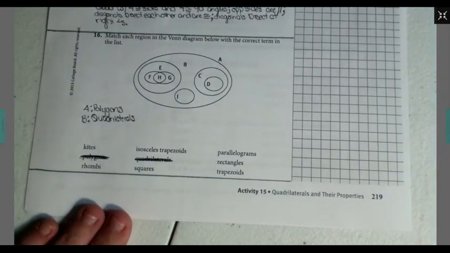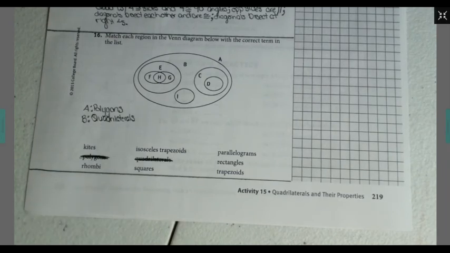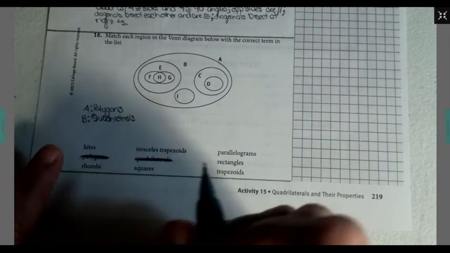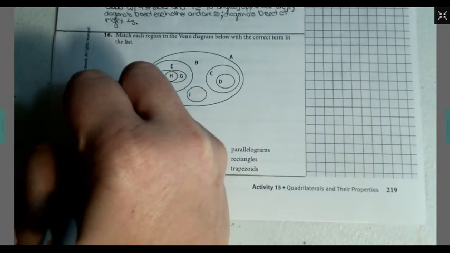Remember, with trapezoids you only have one pair of parallel sides. So we can't technically call them a parallelogram because remember, in parallelograms both pairs of opposite sides are parallel. So a trapezoid is going to be section C.